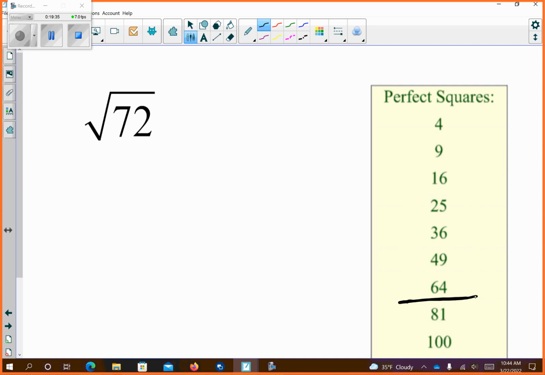No, so again, I'm working from the bottom of my line up. What about 49 times some number? 49 times 2 is 98, so that's not going to work. What about 36? Yeah, 36 times what? 2. Good. So again, if you do this, it's going to work nicely. So I know that I have 36 times 2.